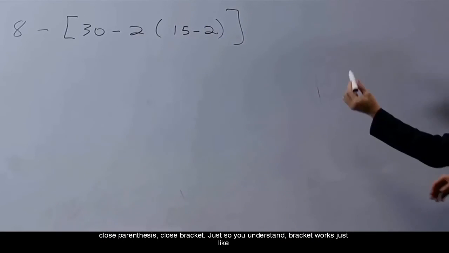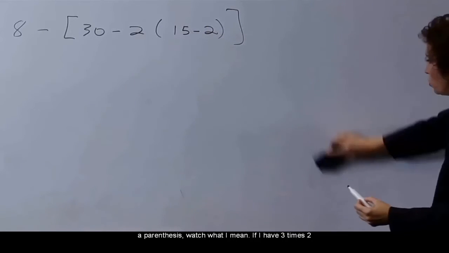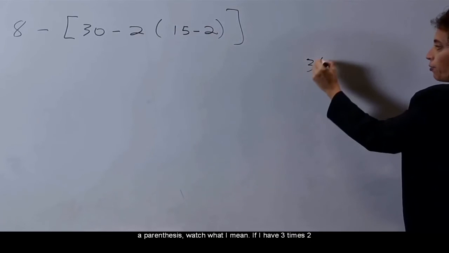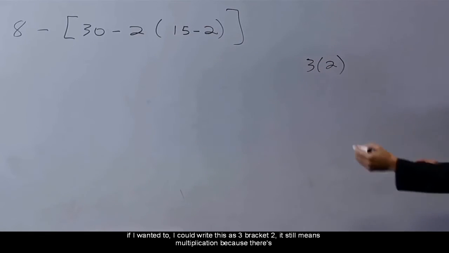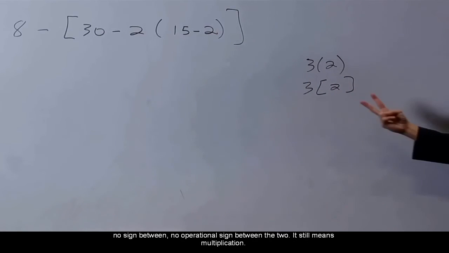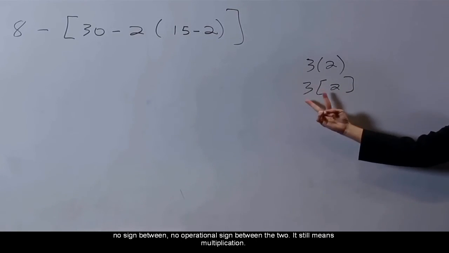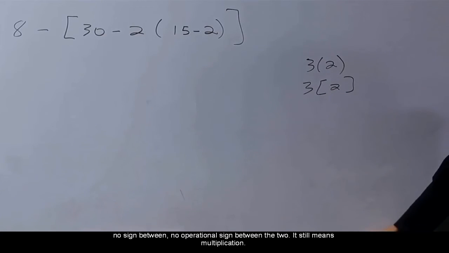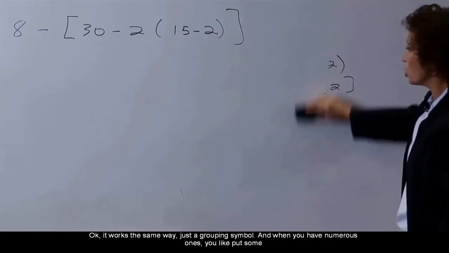Just so you understand, bracket works just like a parentheses. Watch what I mean. If I have 3 times 2, if I wanted to, I could write this as 3 bracket 2. It still means multiplication because there's no operational sign between the two. It still means multiplication. Okay, so it works the same way. It's just a grouping symbol.